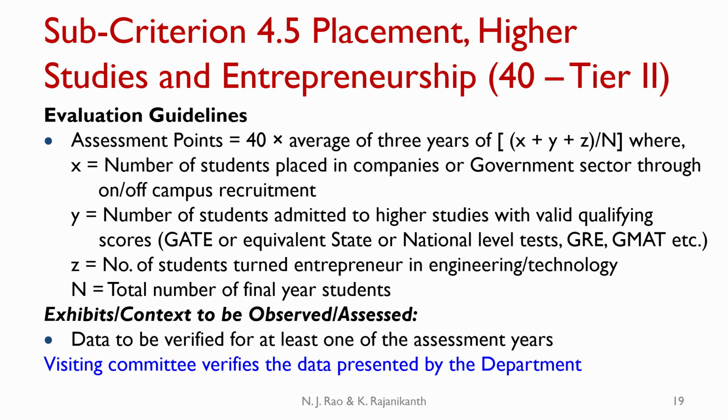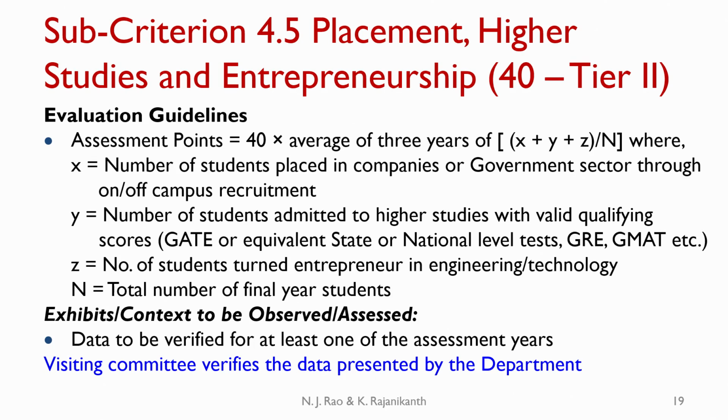We are not talking about the first year students admitted, but the total number of final year students, and x is the number of students placed in the companies or government sector through on or off campus recruitment. Because in many tier 2 colleges there may not be much campus recruitment, or even in other institutions where there is campus recruitment, all students do not get recruited through campus.